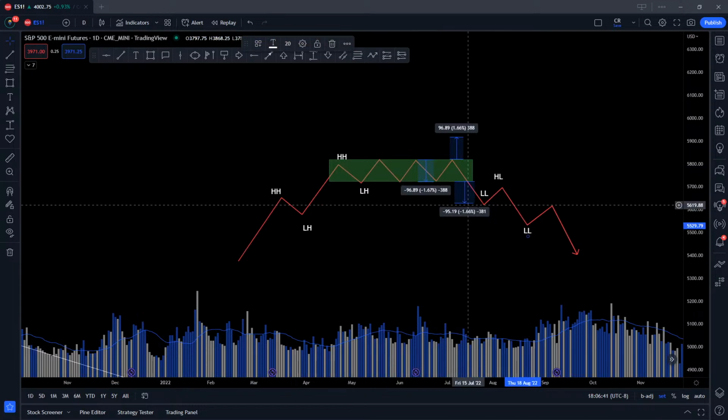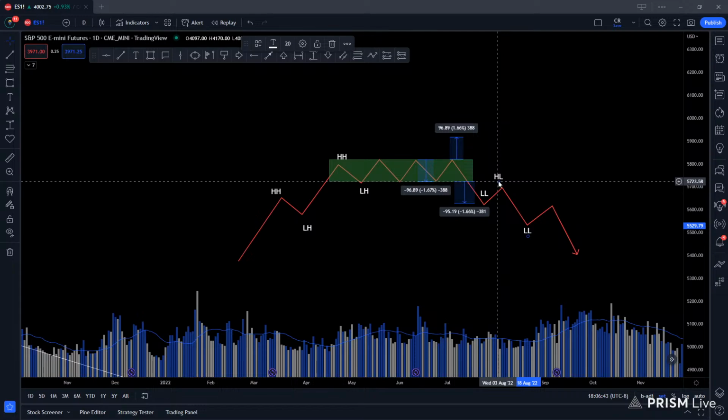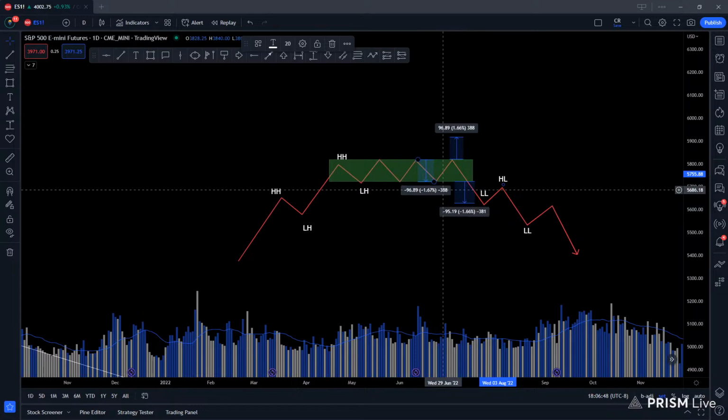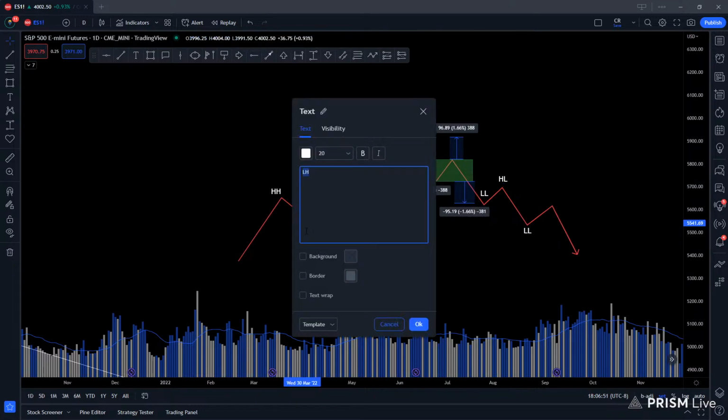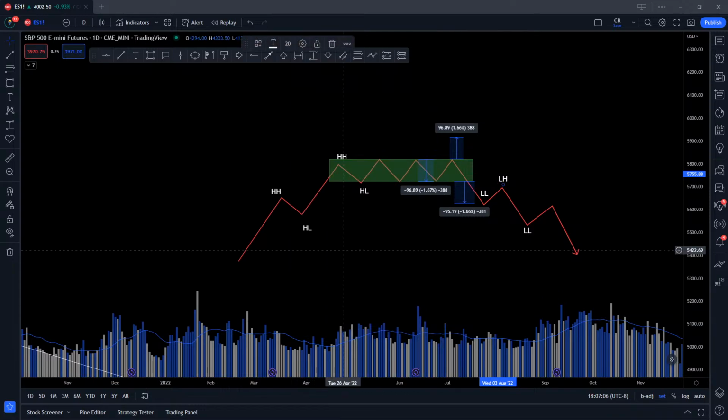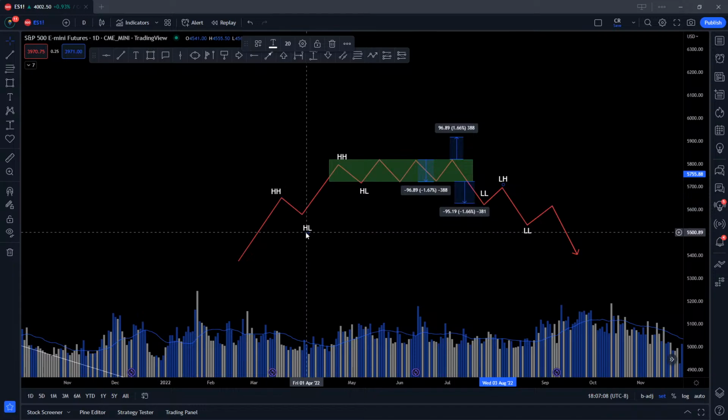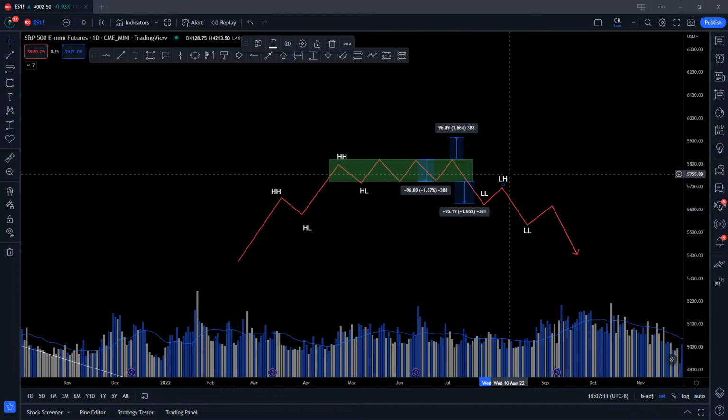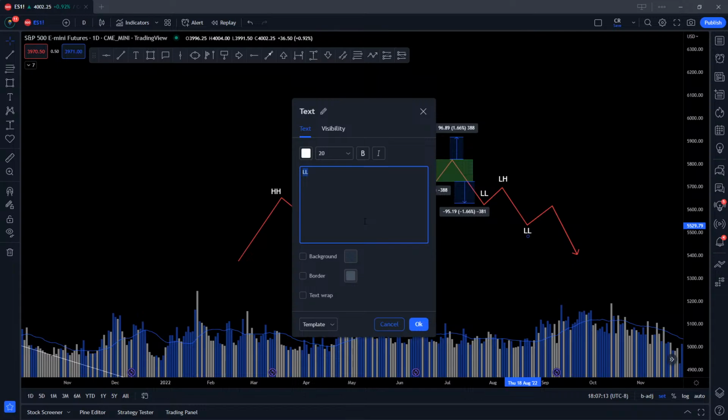I think I literally have this backwards. Sorry, this is a higher low. I hope somebody in the Discord is correcting me, and they're not, I don't think. So my apologies. Higher high, higher low, higher high, higher low, lower low, lower high, lower high. Or sorry, this is still lower low.